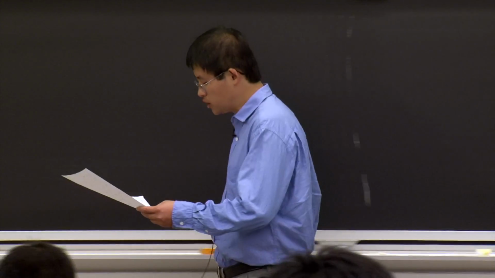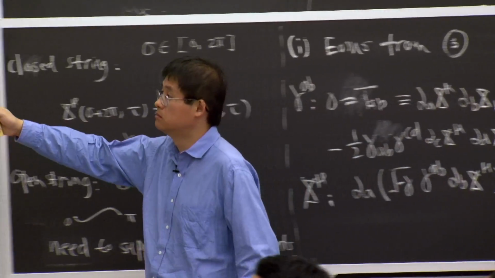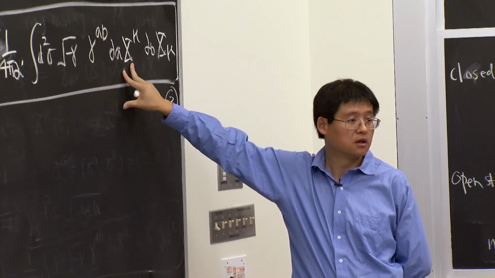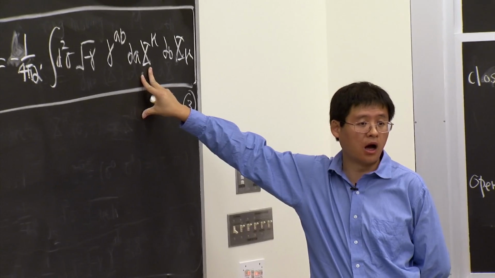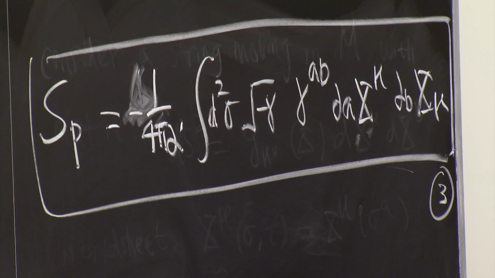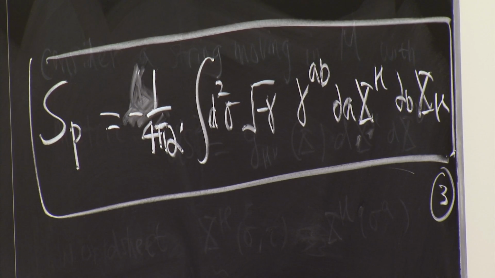If you have an open string, then when you do the variation of x, you have to do integration by parts. In the standard story, you will then have a boundary term, but you actually have to be careful about that boundary term.